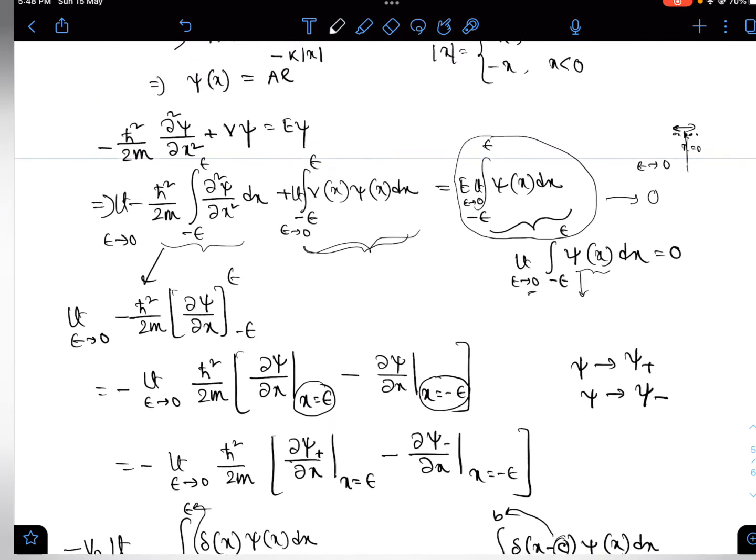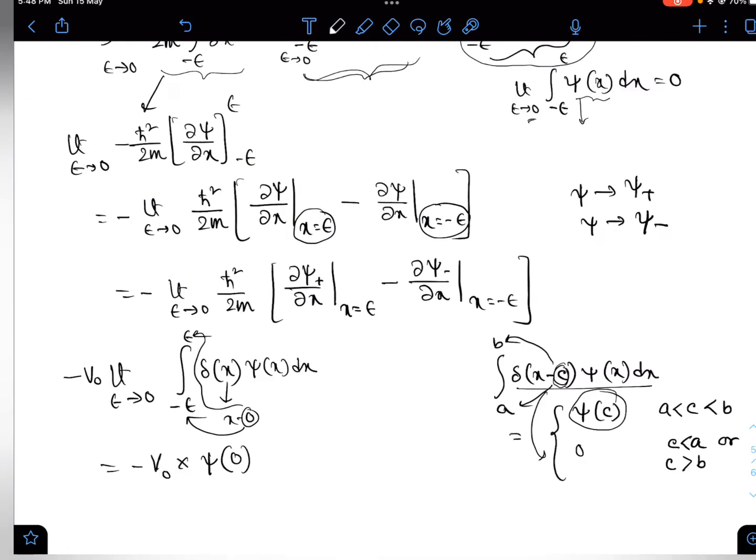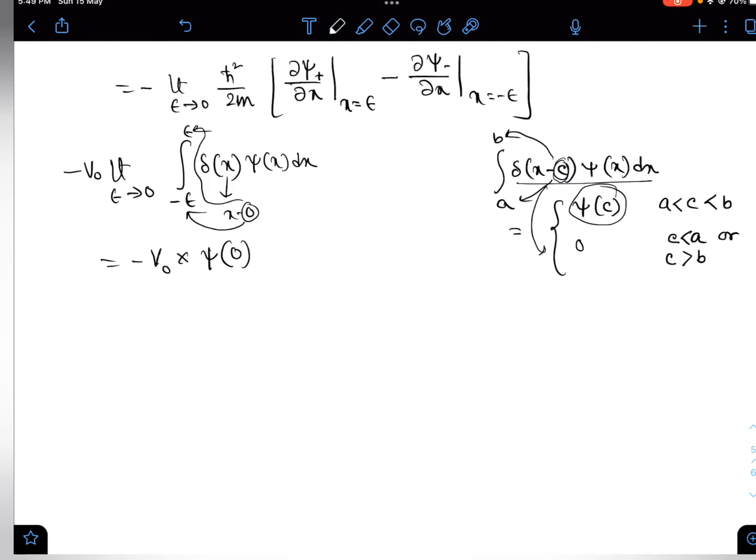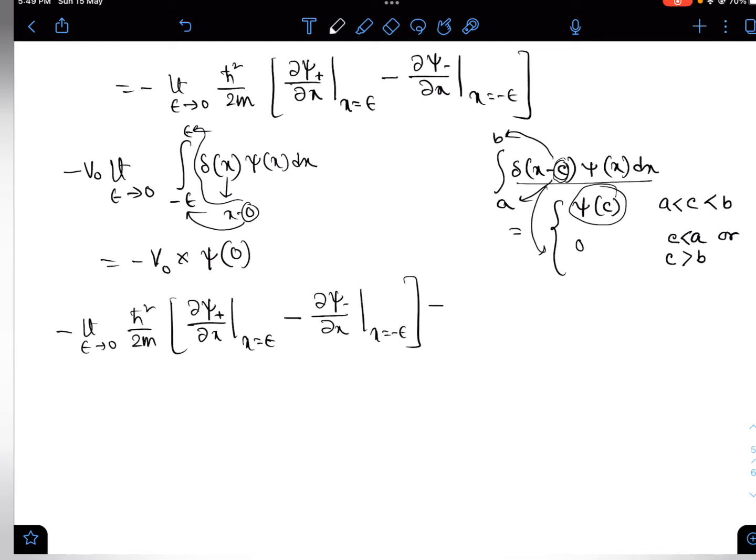Now writing this down, we get minus limit epsilon tends to 0 h cut square by 2m, del psi plus del x at x epsilon minus del psi minus del x at x minus epsilon, and from the second term, moving it to this side, we get V0 psi 0.